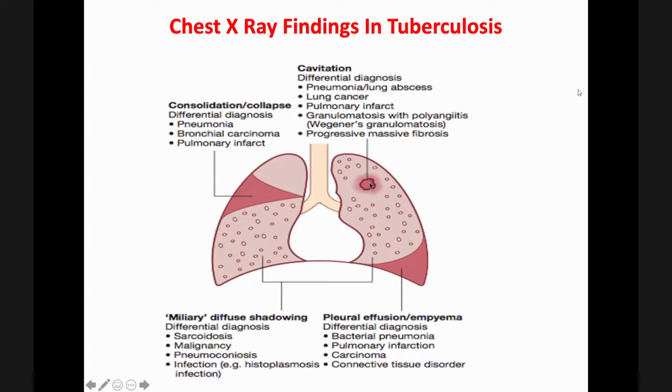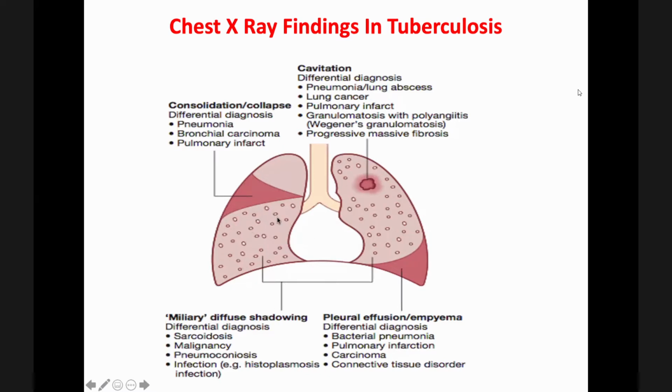In lung abscess, you can see a fluid level. Lung cancer and pulmonary infarct can also go into cavitation, and another is Wegener's granulomatosis, which is a vasculitis. Then there is progressive massive fibrosis around the airways, leading to fissures like a cavitation.